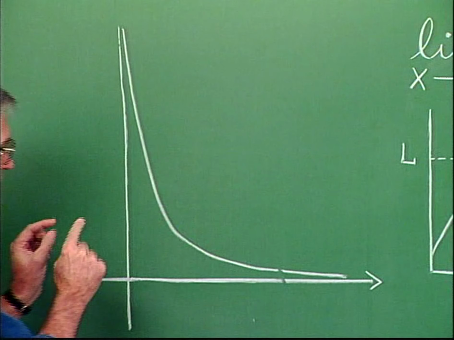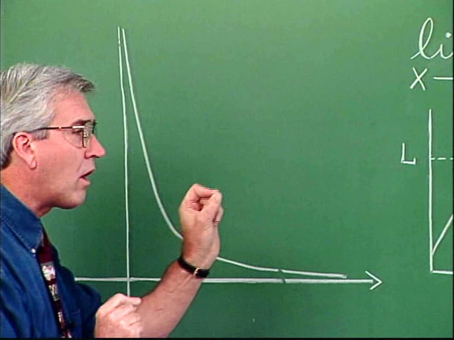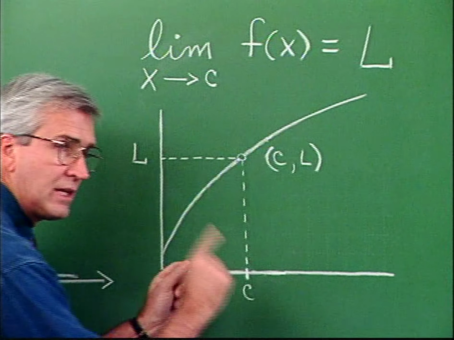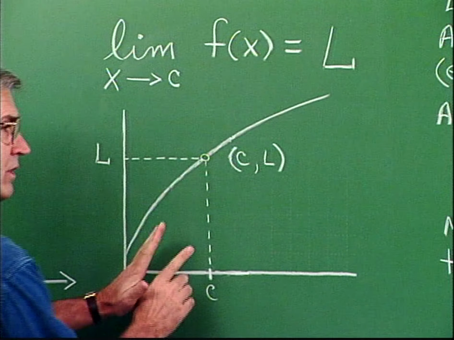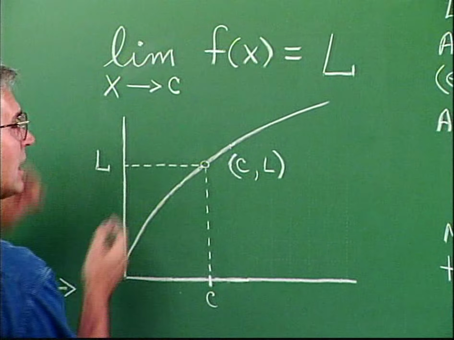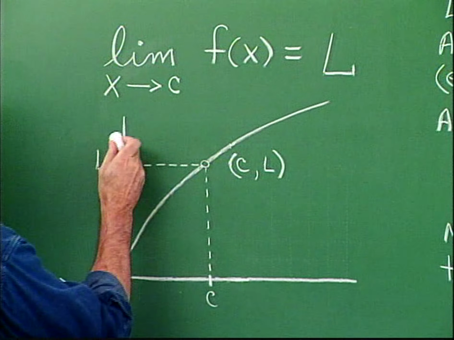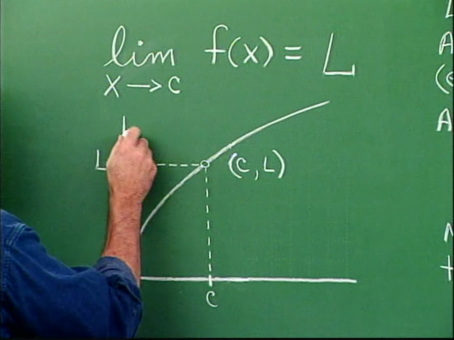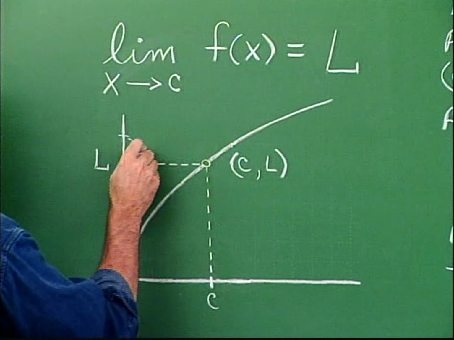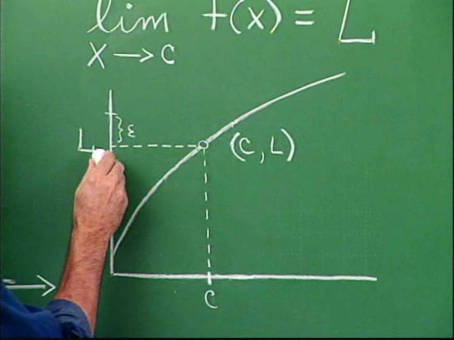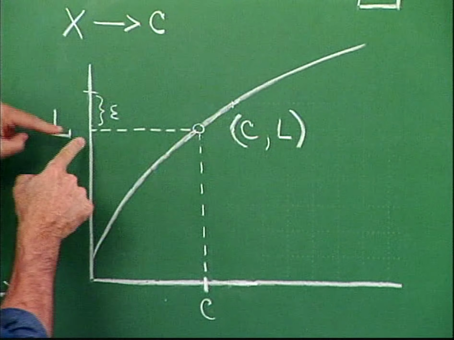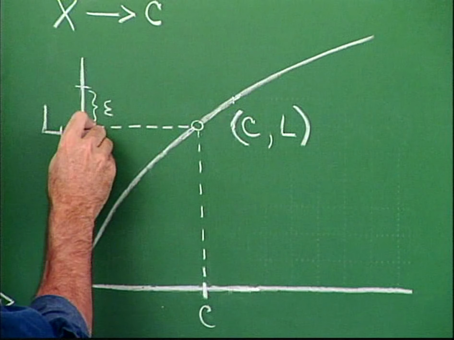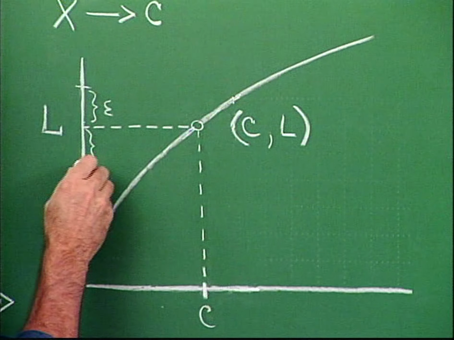Now that is the flow for this definition. That is, we don't start with the notion of x approaching c. It's going to be involved, but we start with the notion of, let's take a vertical distance from L. Now, the distance we're going to call by a name. We're going to say that that distance is epsilon. So this distance right here is an epsilon distance, and we want distances from L that would appear on both sides. So we'll have that distance over here as well.